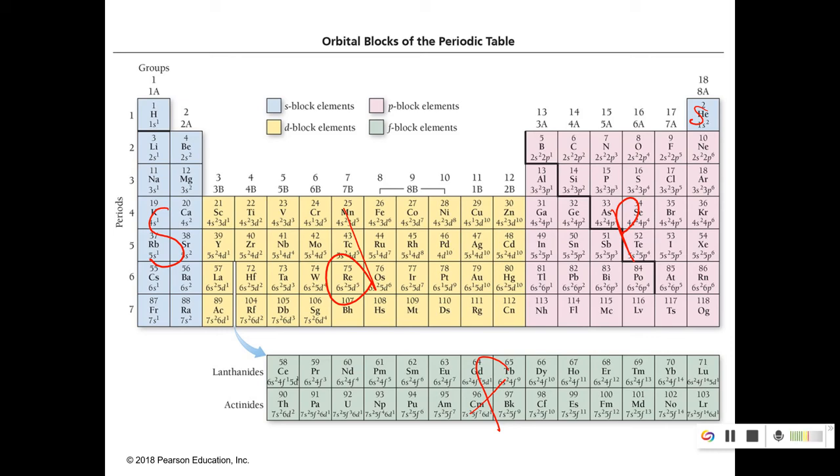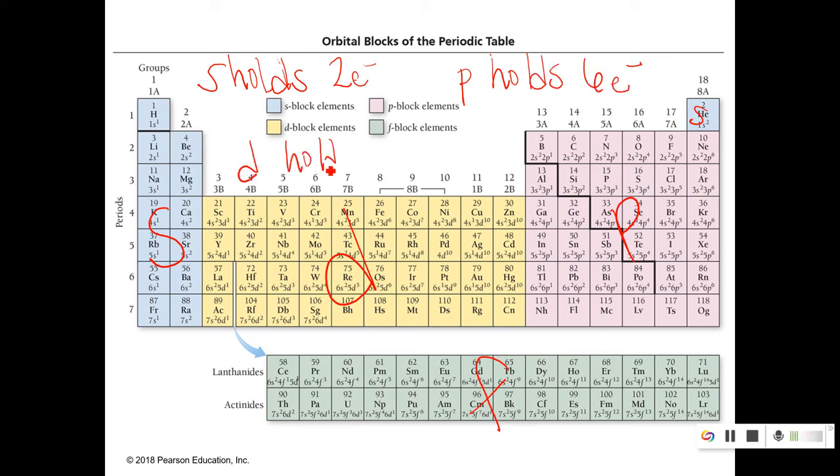Some things I want you to go ahead and identify now. S holds 2 electrons. P holds 6 electrons. D holds 10 electrons.